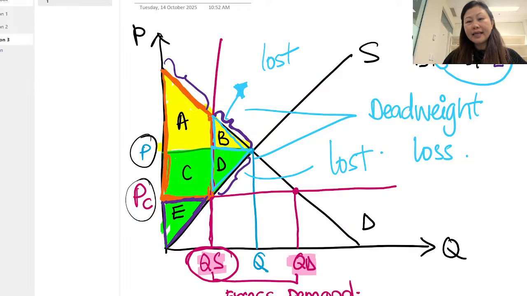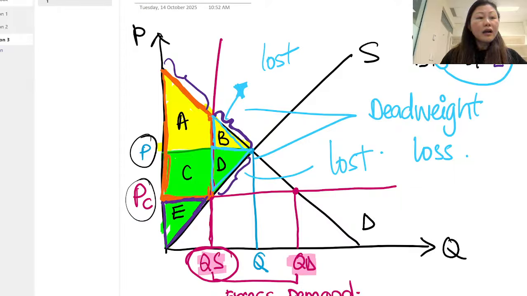All the other sectors, A, C, and E, are still part of total surplus because consumer surplus is now A and C, and producer surplus is now E. So A, C, and E equal total surplus, but we have a deadweight loss of area B and area D. And that's why we're not maximizing total surplus and we're not Pareto efficient.